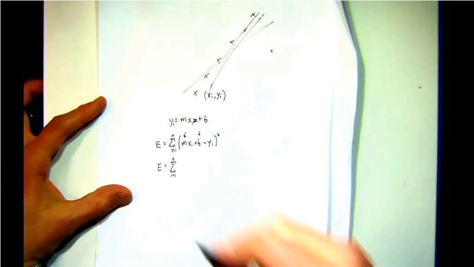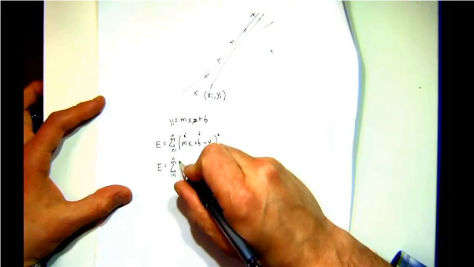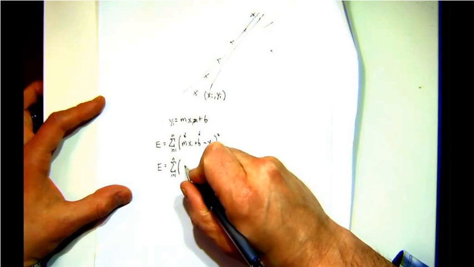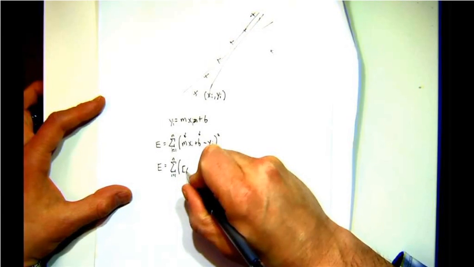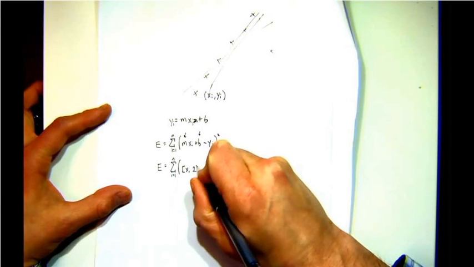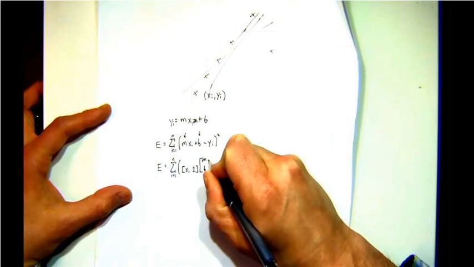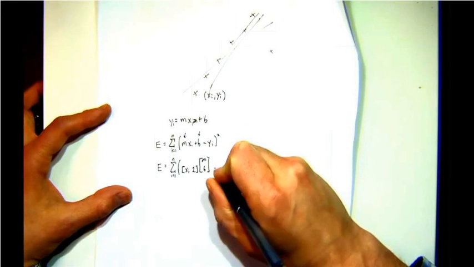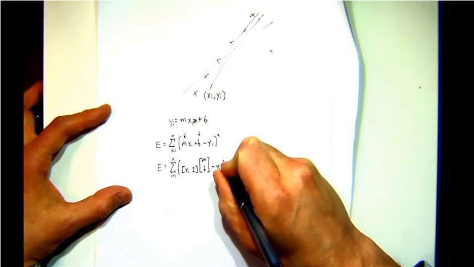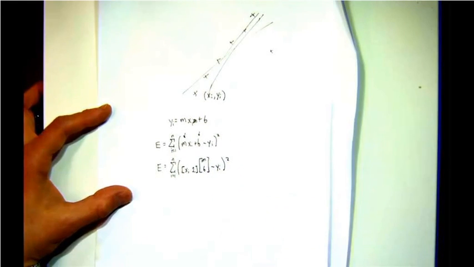So I can just write this as [xi, 1] times [m, b] minus yi, squared.